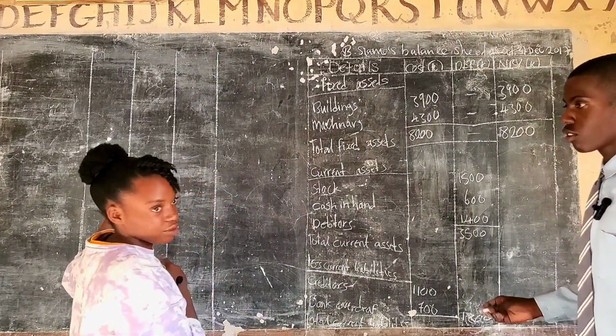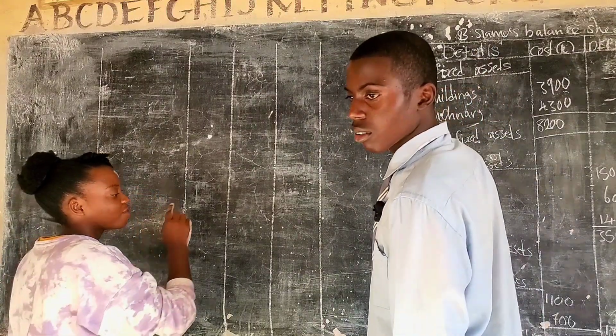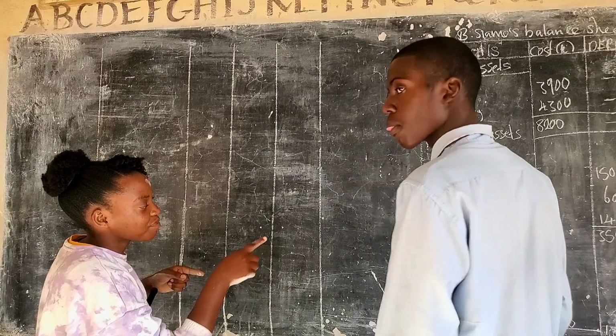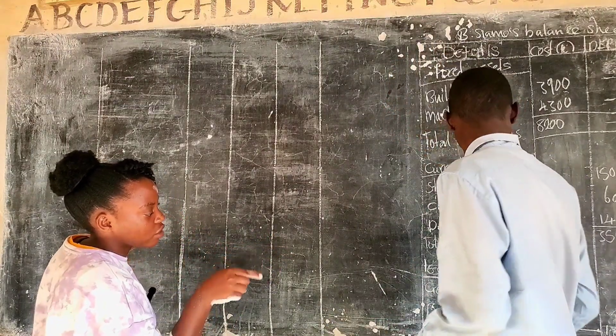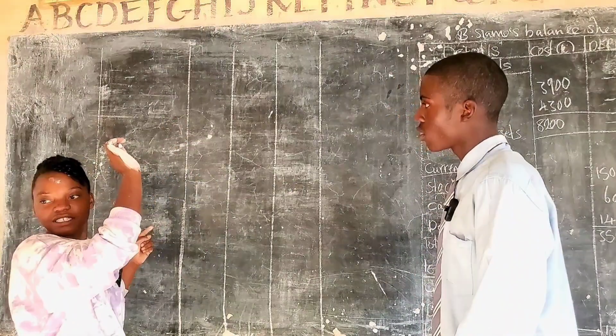After adding, we're going to subtract total current liabilities from total current assets.